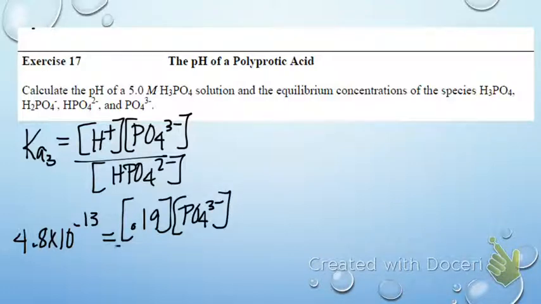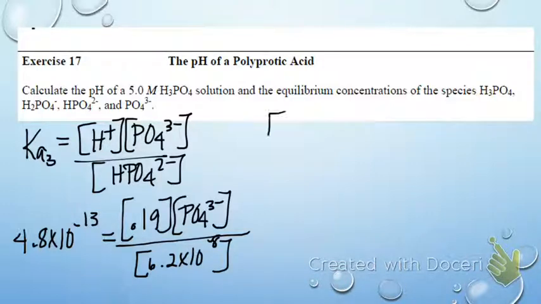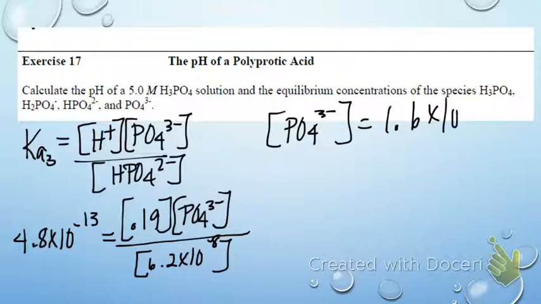I am so sorry, that went away. And then we plug in the concentration we got a while ago for the HPO4. So we find our phosphate concentration to be 1.6 times 10 to the negative 19. So not very much.